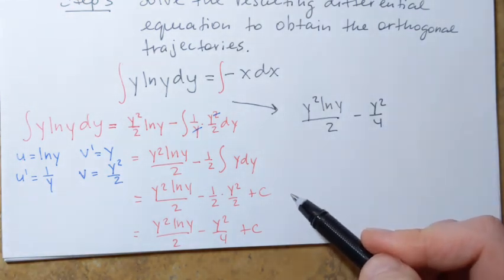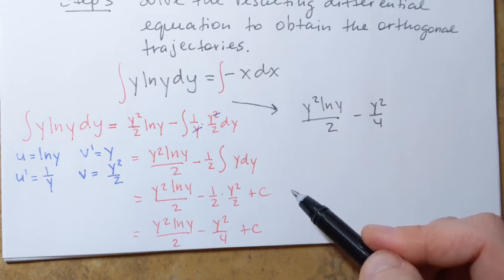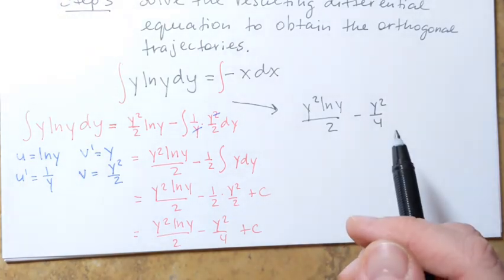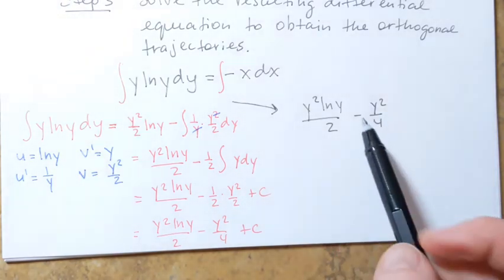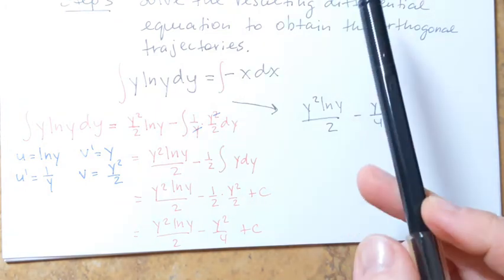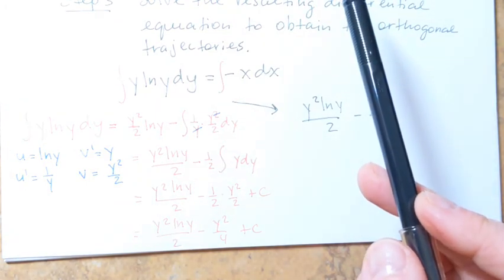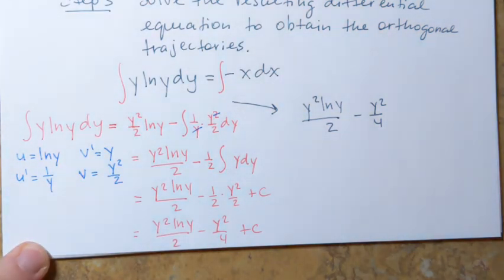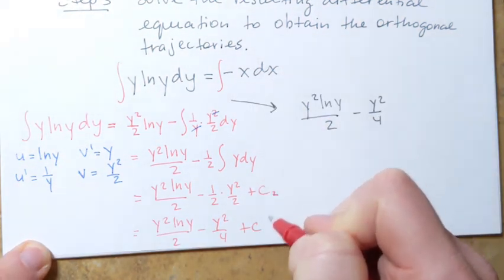If we follow our definition of orthogonal trajectories, in that definition the constants that we use within both families of curves are c1 and c2, right? If you look back to the question, the arbitrary constant is c1. So technically I better use c2 over here to be consistent with the definition.